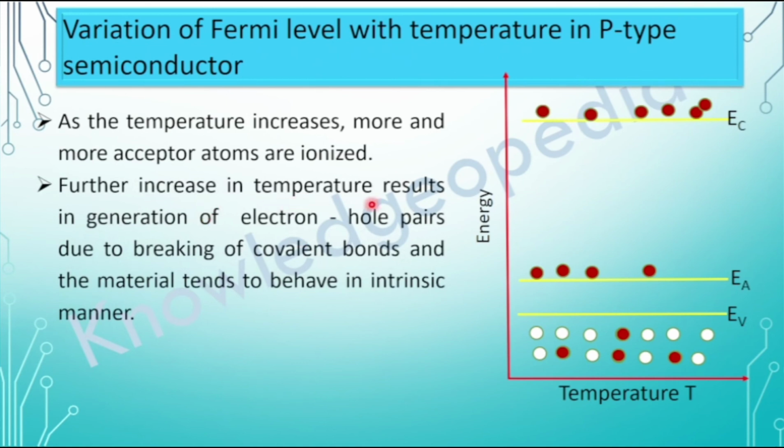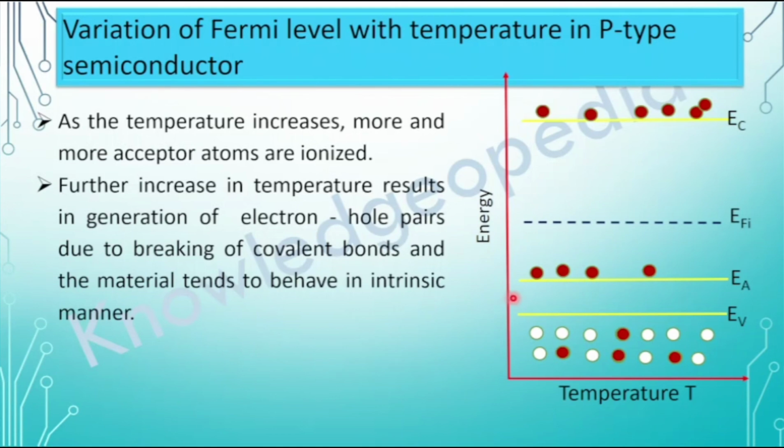Thus, further increase in temperature results in generation of electron-hole pairs due to breaking of covalent bonds, and the material tends to behave in an intrinsic manner. For an intrinsic semiconductor, the Fermi level lies just between the conduction band and valence band, and with rise in temperature, this p-type semiconductor is slowly behaving like an intrinsic semiconductor.